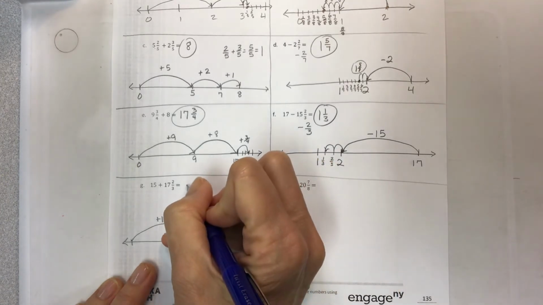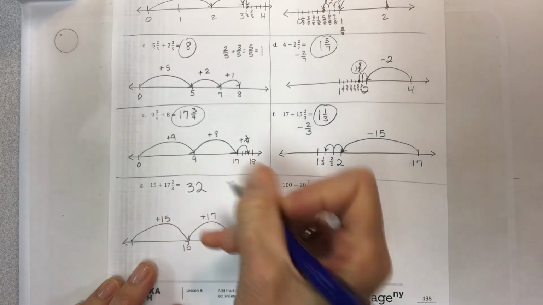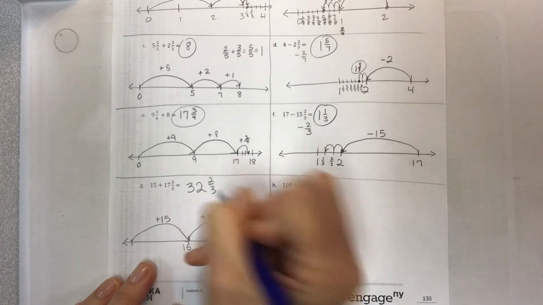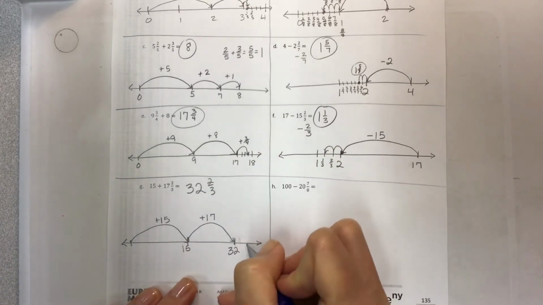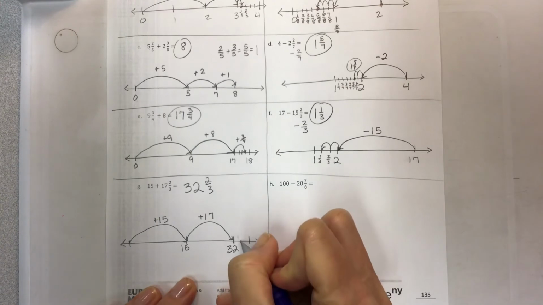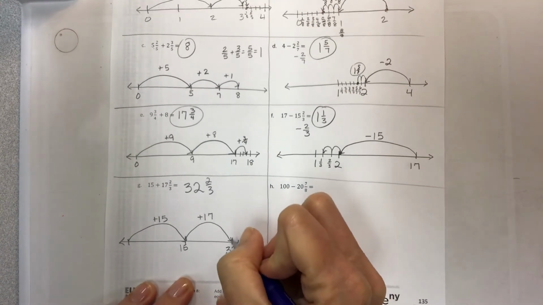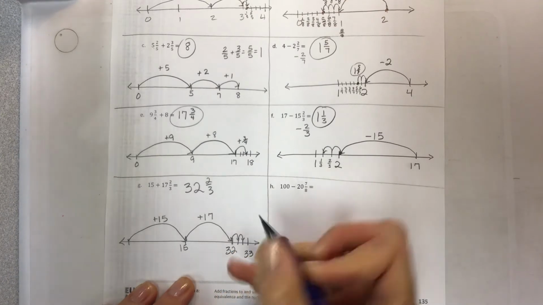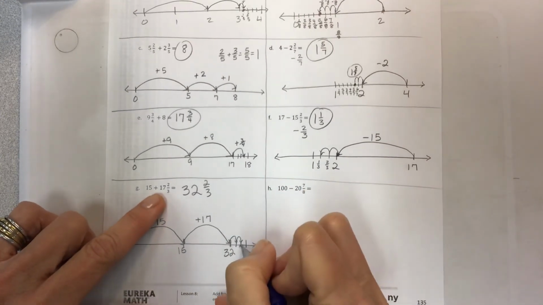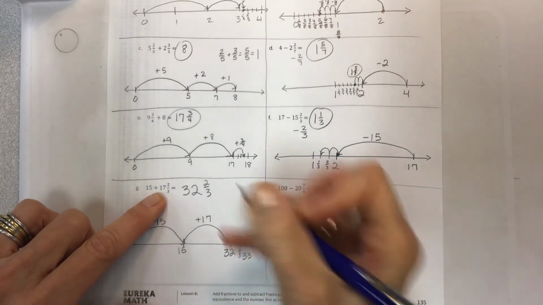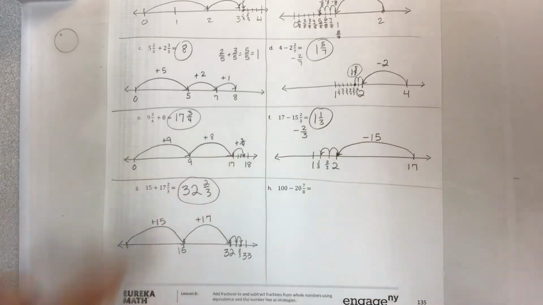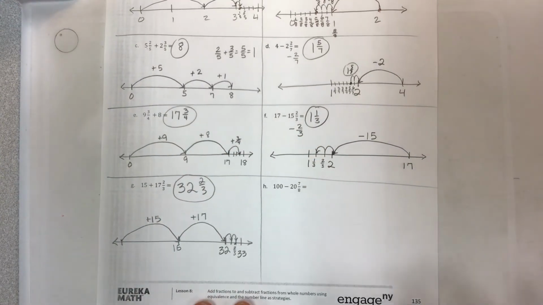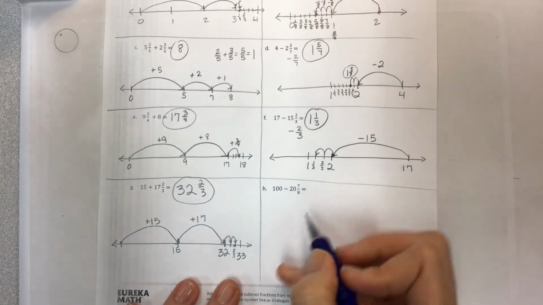So that makes 32 2/3. So here's your 32, here's 33. We're dividing it into 3 sections. Here's 1/3, here's 2/3. 32 2/3.